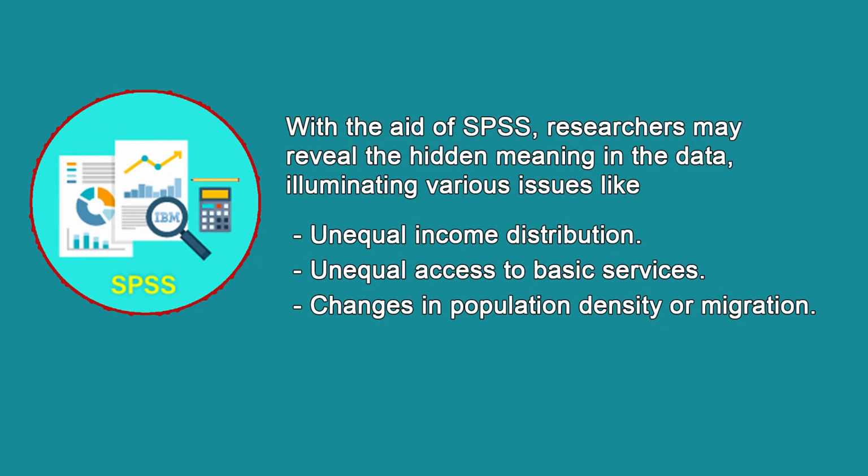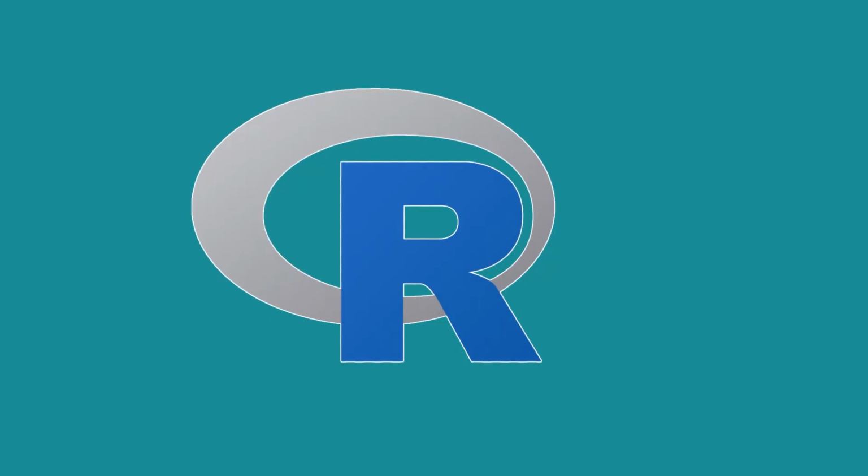With the aid of SPSS, researchers may reveal the hidden meaning in the data, illuminating various issues like unequal income distribution, unequal access to basic services, and changes in population density or migration. These discoveries give urban planners a framework on which to construct adaptable policies that address the requirements and the difficulties of urban populations, guiding cities towards sustainable growth and improved quality of life.